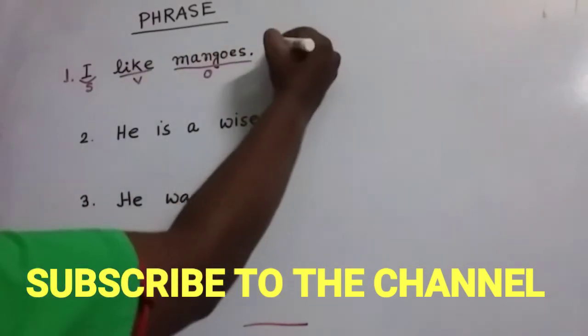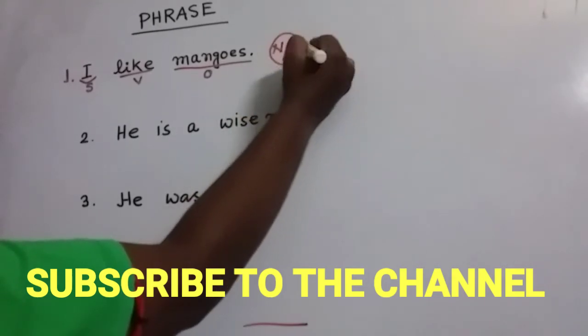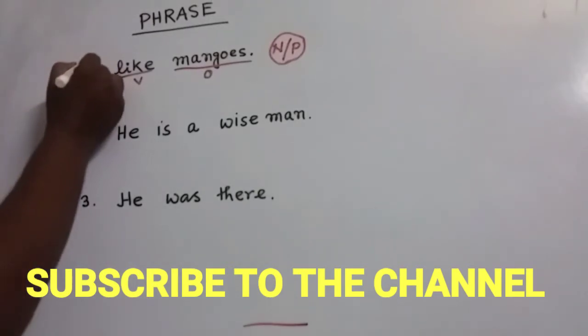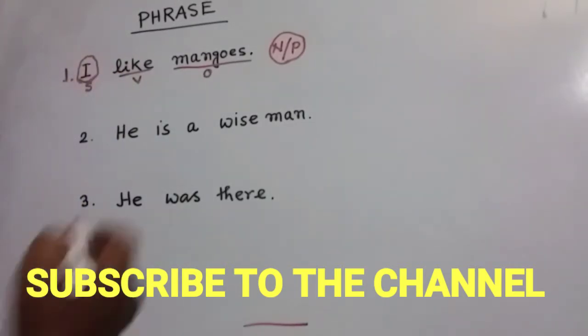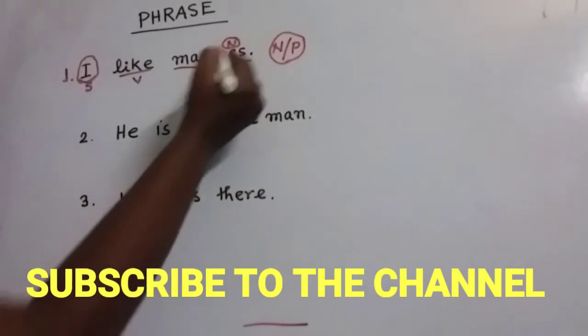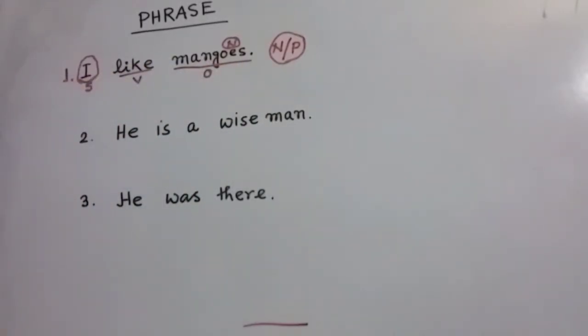That means only a noun or a pronoun may be the object or the subject of a sentence. Here you can see this is the pronoun, first person pronoun, and this is a noun. So it is the object of the sentence and this is the subject of the sentence.